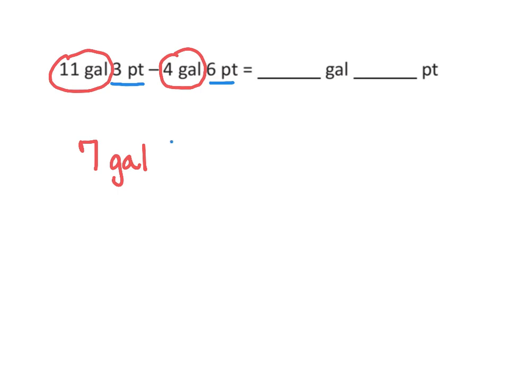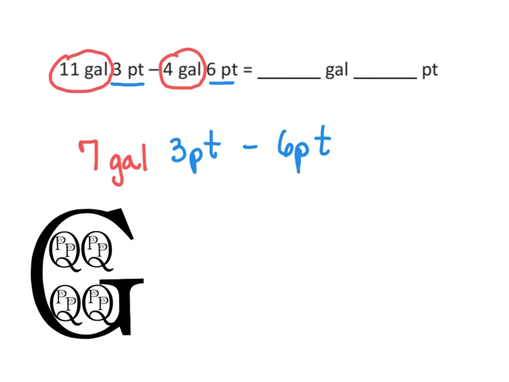So let's put down 3 pints, take away 6 pints. I can't do that. So I need to take some pints away from that gallon. And if we look at our gallon illustration, we will see that there are 8 pints in a gallon.